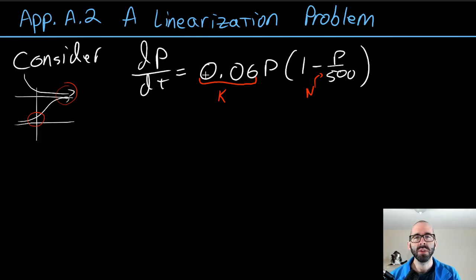Oftentimes, we might want to see very local behavior near equilibria. And the way that we're going to do that is through linearization. We're going to linearize around the equilibrium to say, okay, if we're very close to that equilibrium, how does the solution really behave? And again, we know visually, but what equation is it going to look like very close to there?